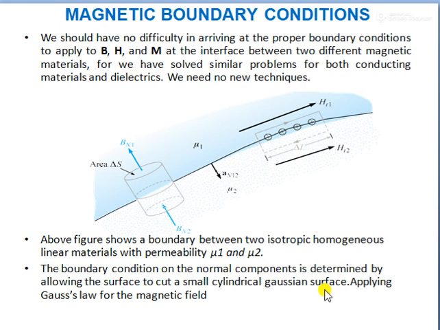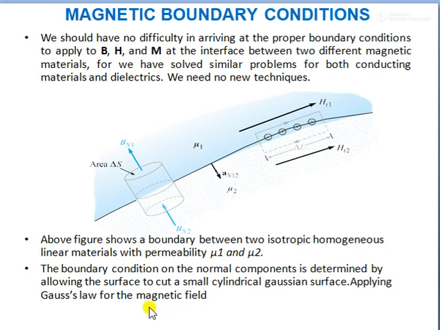Here the height of the cylinder is delta h, and it is placed in such a way that delta h by 2 is in one medium and delta h by 2 is in the other medium. Also the axis of the cylinder should be normal to the surface. To evaluate the normal components, we have to consider this Gaussian surface.